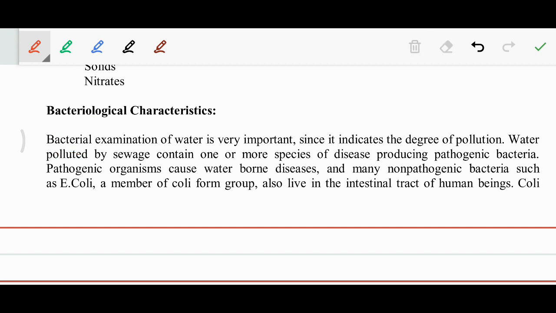What is the main reason? One or more species of disease producing bacteria, that is pathogenic organisms, cause waterborne diseases, right? Because of this harmful pathogenic bacteria, waterborne diseases will be caused, right?